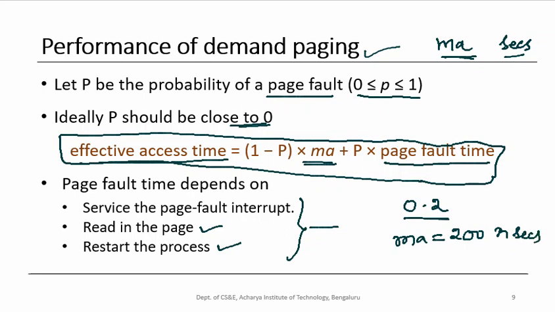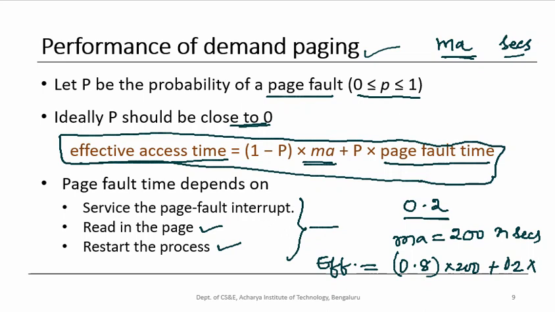In that case, effective memory access time is equal to 1 minus 0.2, that is 0.8, into 200 nanoseconds plus 0.2 into the page fault time. So the page fault time also we should know.